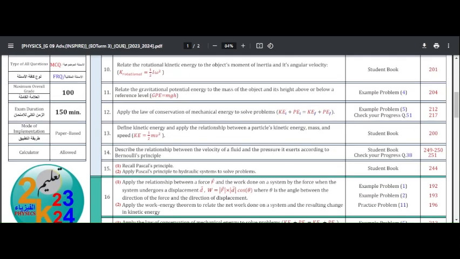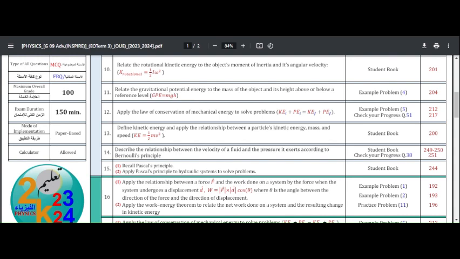Now let us come to question number 10, which is rotational kinetic energy. You will use this formula which is given: rotational kinetic energy is equal to half I omega square. Here I is the moment of inertia. For anything which is rotating, it is like the mass in normal straight line motion.